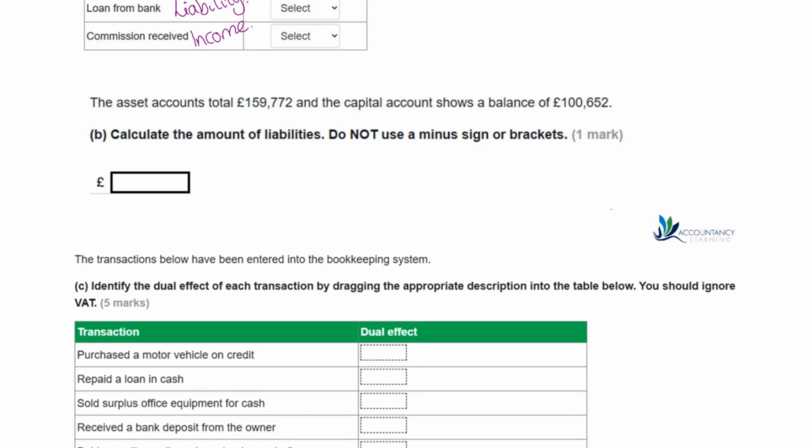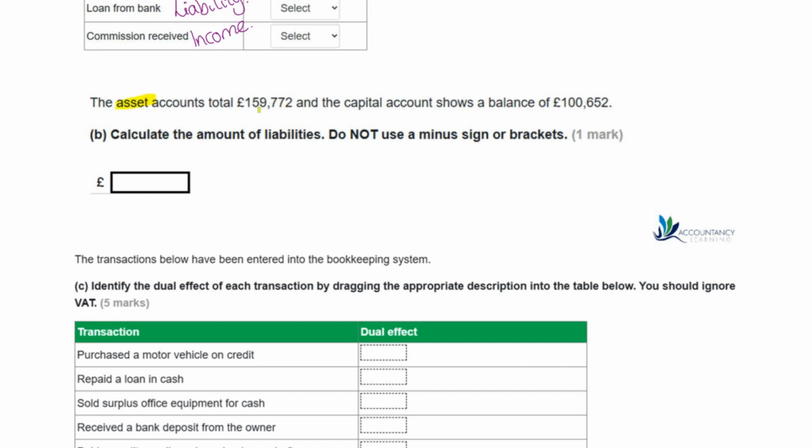Then we're told the asset accounts total 159,772 and the capital account shows a balance of 100,652. Part B asks us to calculate the amount of liabilities, and we're told do not use a minus sign or brackets.